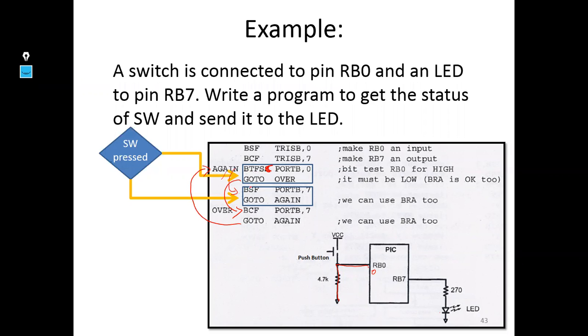In that case, we have to clear the LED and then go to again. If it is set, there is no skip, we have go to over. We have to jump to the over, and here it should be S. So to make the test, you can use either the bit test file skip if set or bit test file skip if clear. Any question about this?